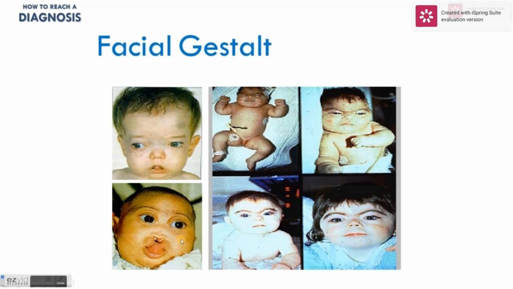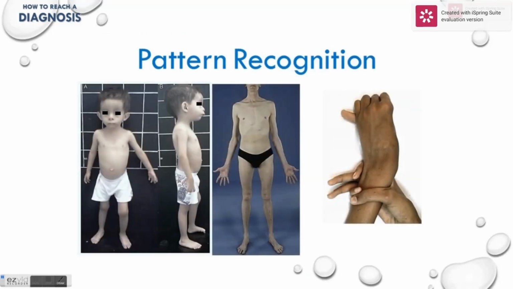This is holoprosencephaly, probably with bilateral clefting. This is a premaxilla, flat nose, very small nose. For better recognition, you can just say, for example, this child's small body build, triangular face, maybe this is 3M or this is Russell-Silver. Tall man with arachnodactyly, long arms, long feet, the wrist sign, the thumb sign is positive.